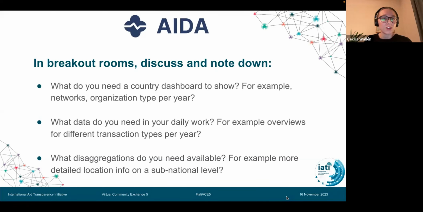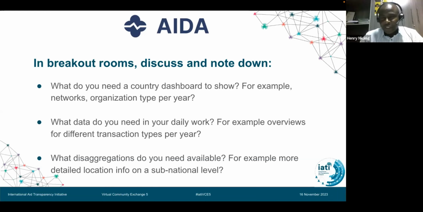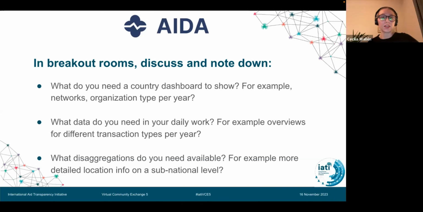Patricia, Henry, or Josh, does anyone want to share any thoughts that came up during our session? Yeah, we also mentioned SDGs, for tracking of the SDGs. Yes, thank you. That was a great addition as well, and that's something that would be really nice to have featured in a dashboard like this.